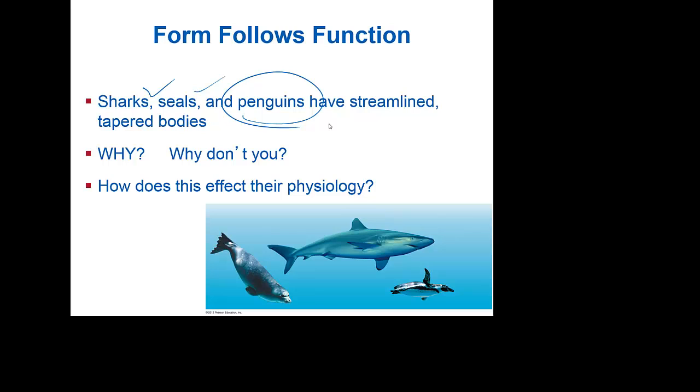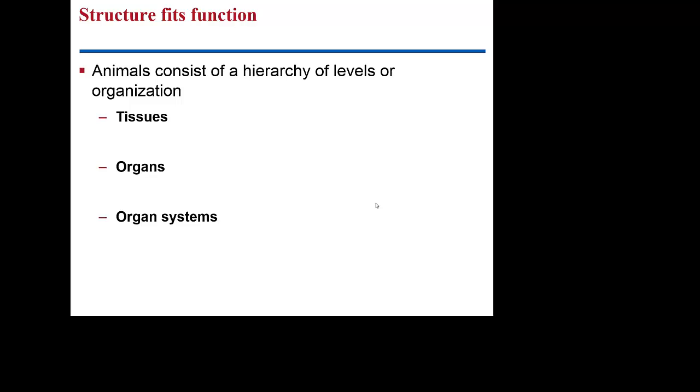So how is that driven by the environment in which they live, their appearance, how they behave, and then how does it affect their physiology? What is it about the functioning of the structures and organ systems that are directly impacted by that environment and what they're trying to deal with on a daily basis?